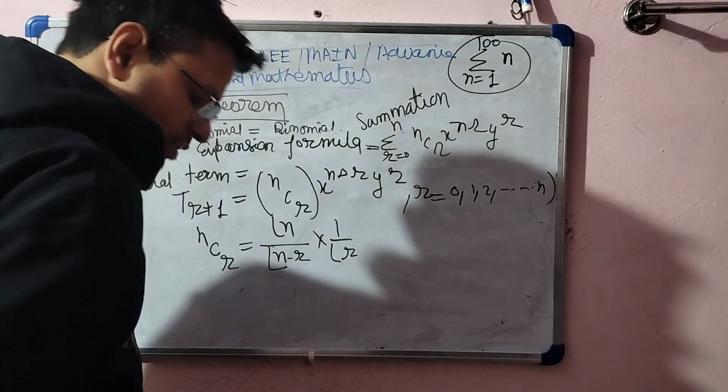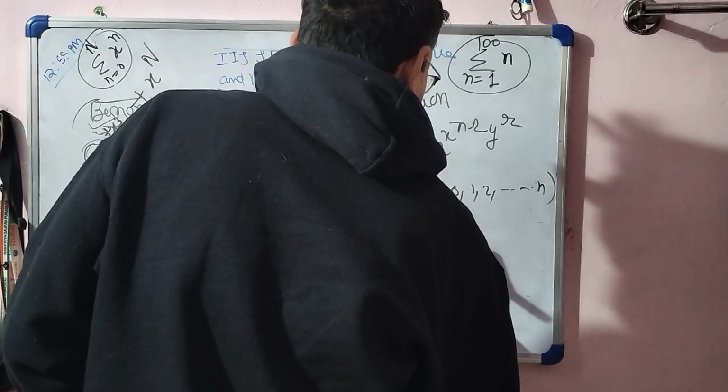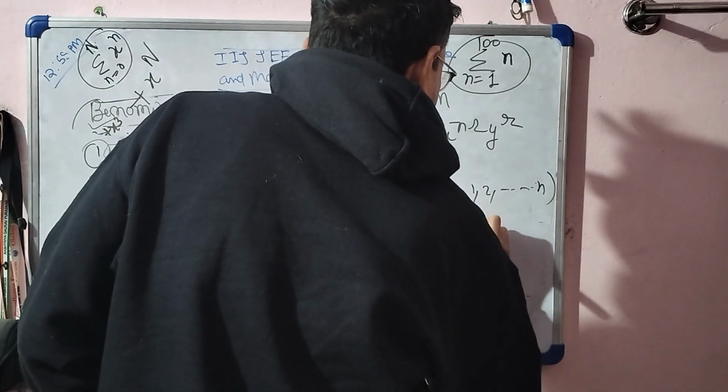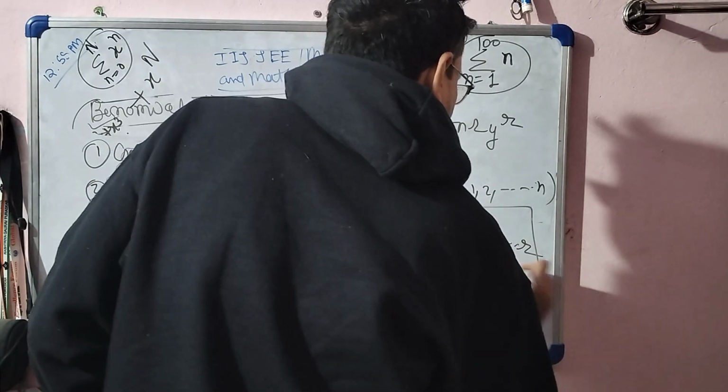There is also one standard point: nCr equal to nC(n minus r). This is a very good standard point.